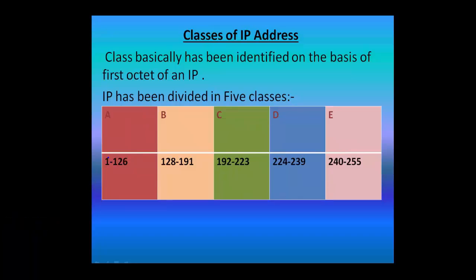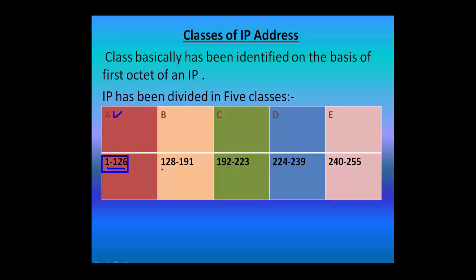If the first octet of an IP starts with 0 to 126, that is the A class IP.